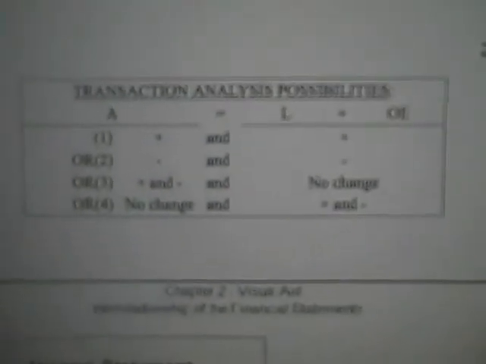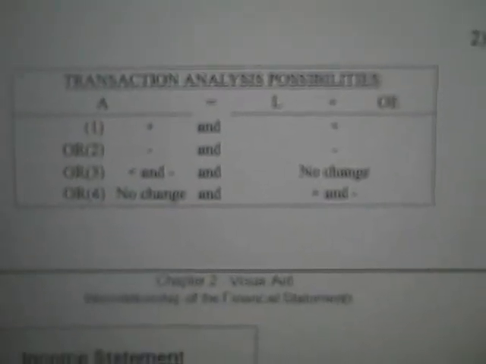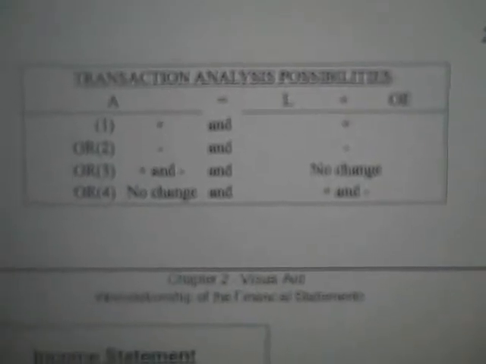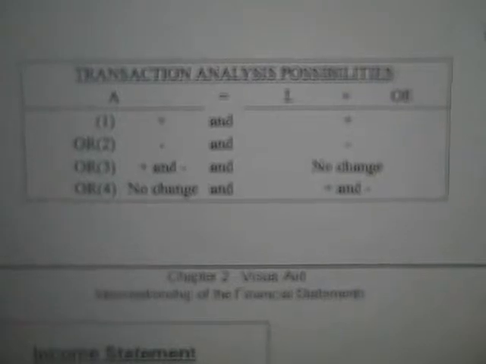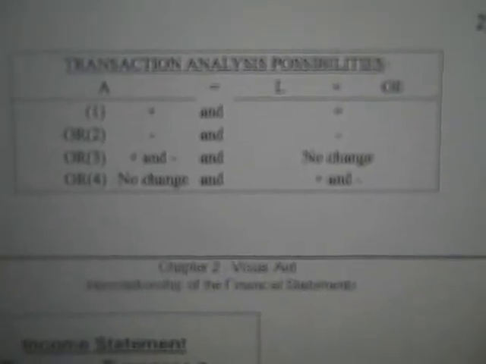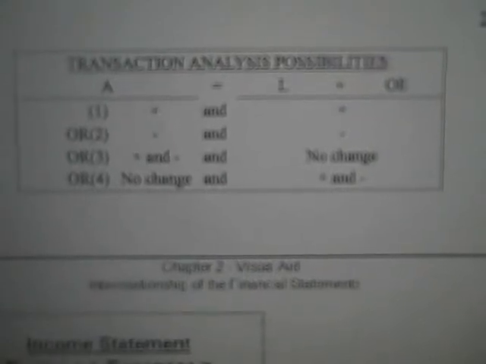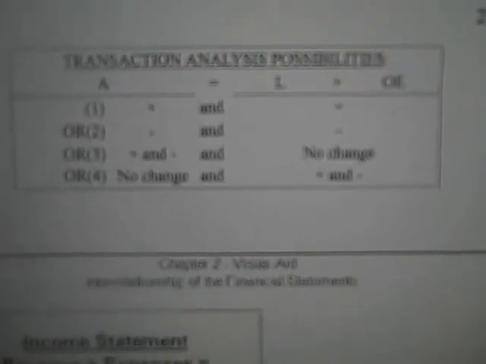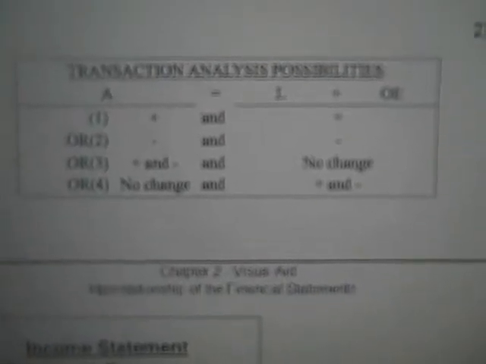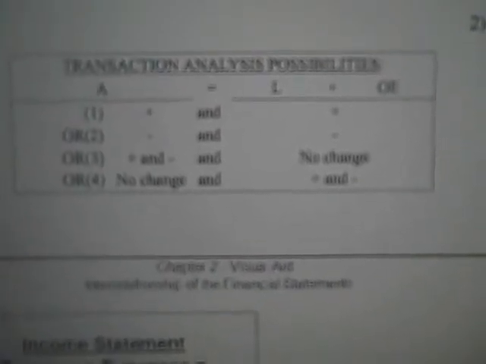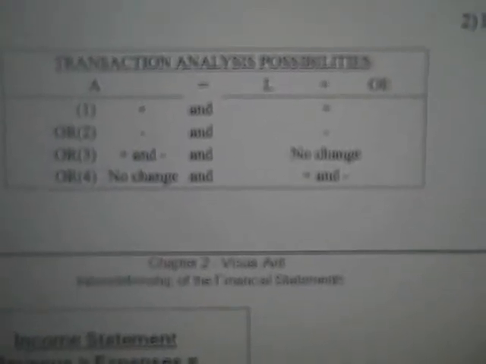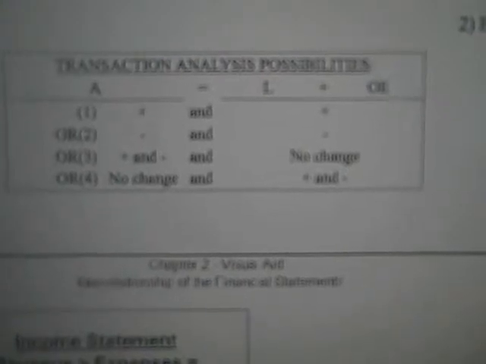So we move over to our picture right here that you will see in your visuals for our discussion on Chapter 2, and you start to take a look at one. You have four different options that can occur in a transaction. In one case, you can have an asset go up, in which case you're going to have a liability or owner's equity account go up also. In another case, you may see an asset go down, and in the same instance, you're going to see the liability or owner's equity account go down.